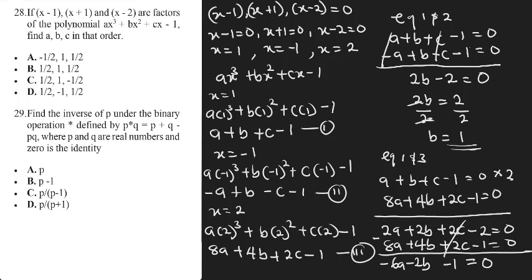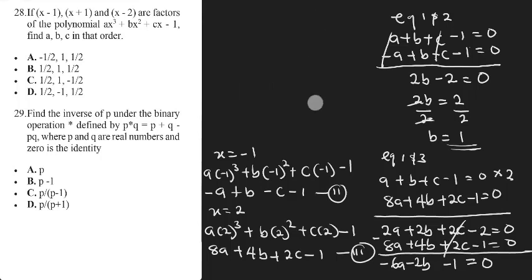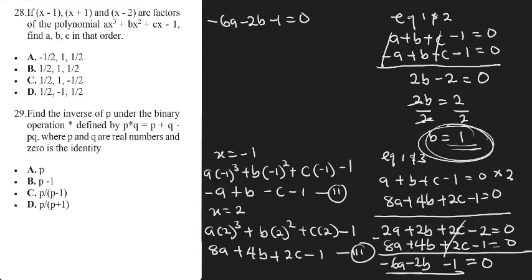I'm going to clean the other side of the board since we're done with this. So let's pick the equation we've gotten here: -6a - 2b - 1 = 0. Remember that we've gotten our b as 1. Since we've gotten it as 1, now we'll substitute it.